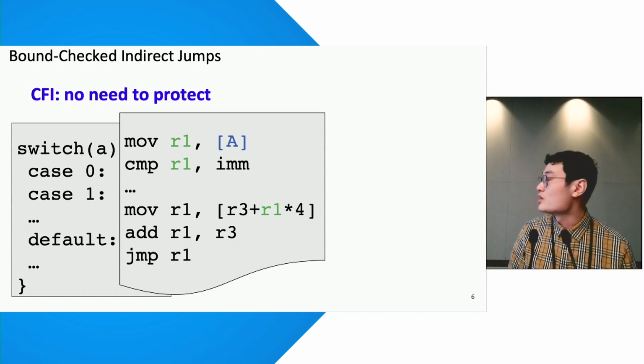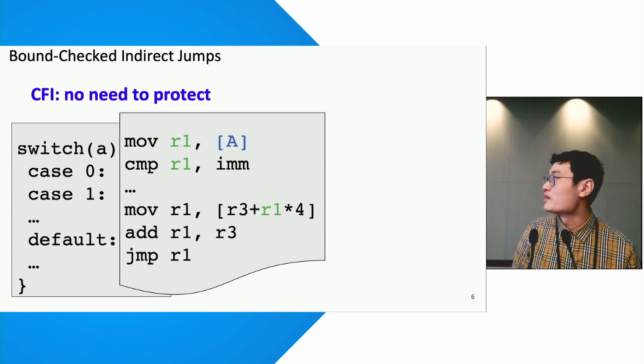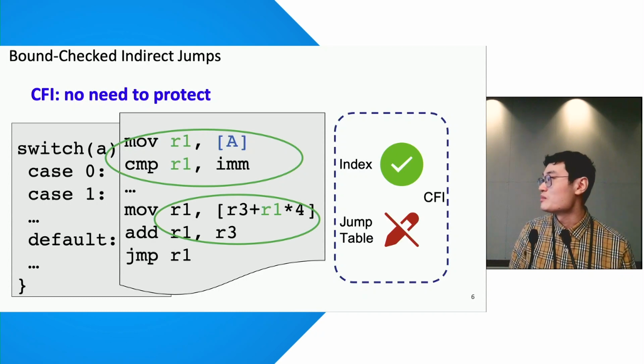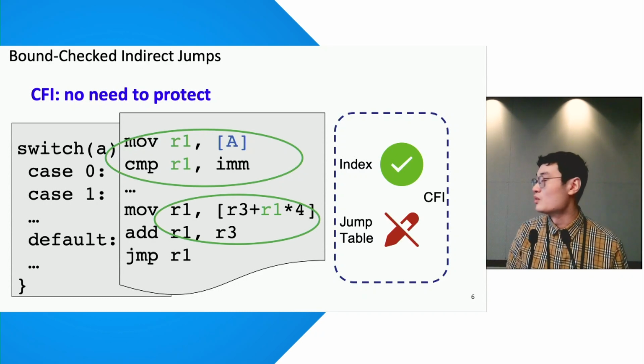The index used to calculate the indirect jump will be checked before use. And this indirect jump address is saved in a jump table, which is saved in read-only memory and should not be overwritten. So there is no need to protect such kind of indirect jump.